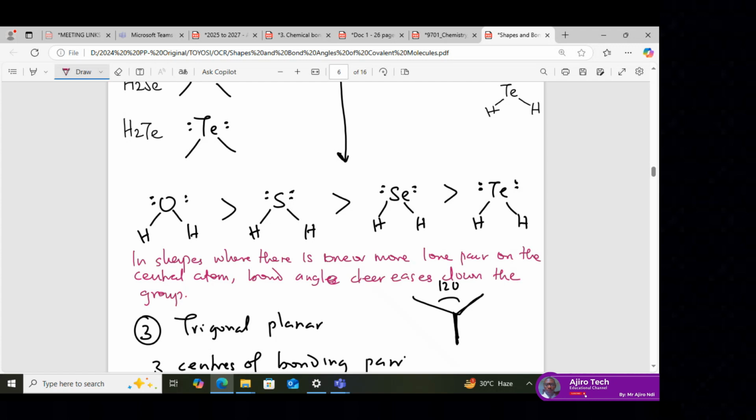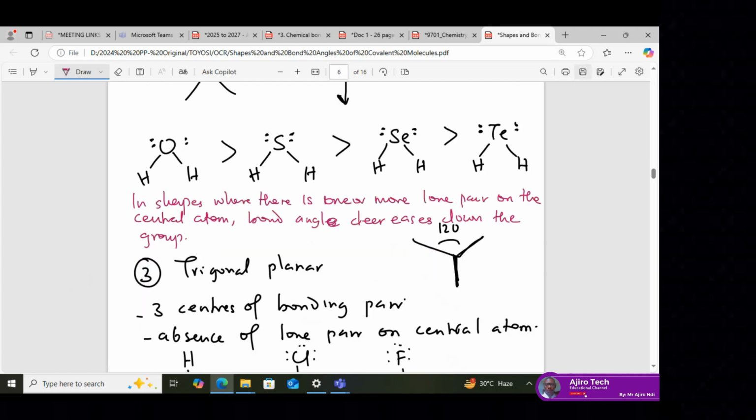Do you understand it now? Kamina, do you understand it? Yes, sir. In shapes where there is one or more lone pairs on the central atom, there's a decrease in bond angle as you descend the group.